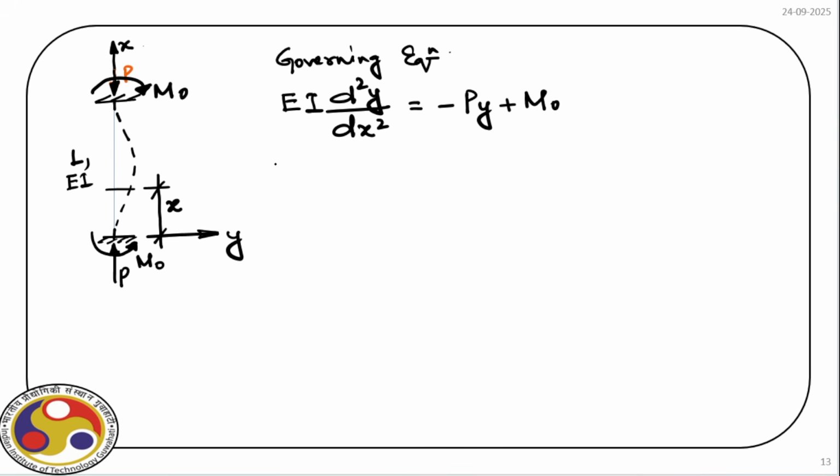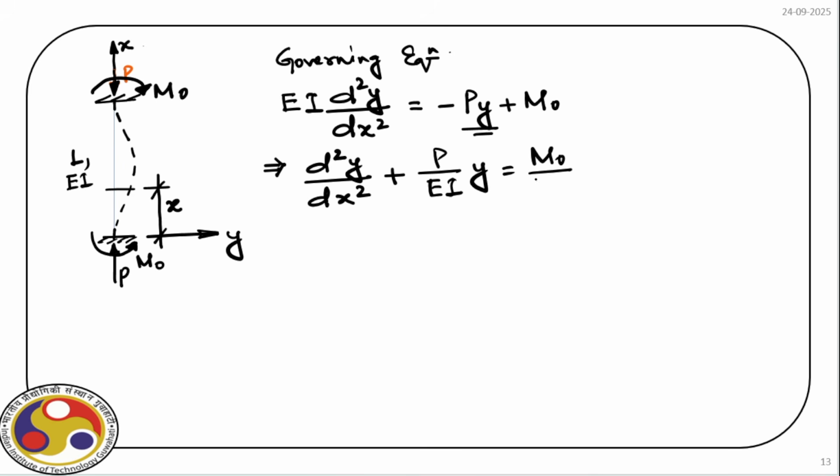So now we can again take this Py on the left hand side and rewrite the expression as d2y dx2 plus P by EI times y is equal to m naught divided by EI.